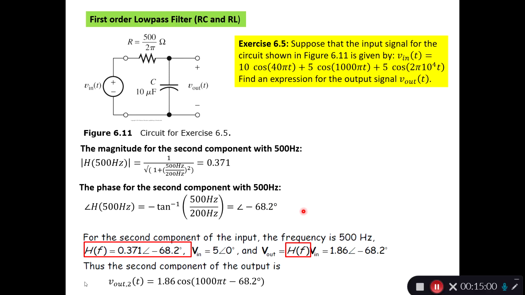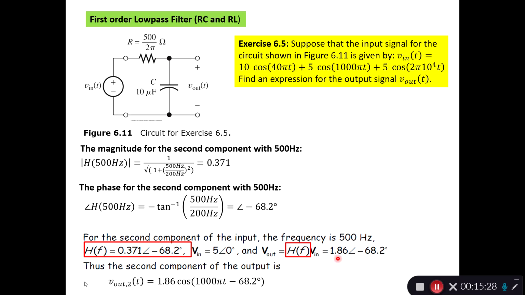So now I can calculate V out. I have the transfer function, I just need to find V out. This is the amplitude, so that's part of V in. We don't have any phase shift here, so this is 0. So now I can calculate V out as V in, the 5, times the 0.371.